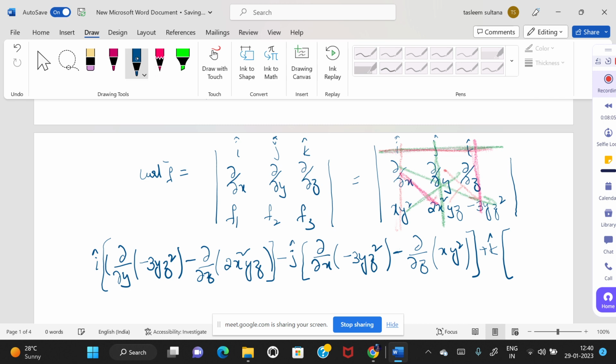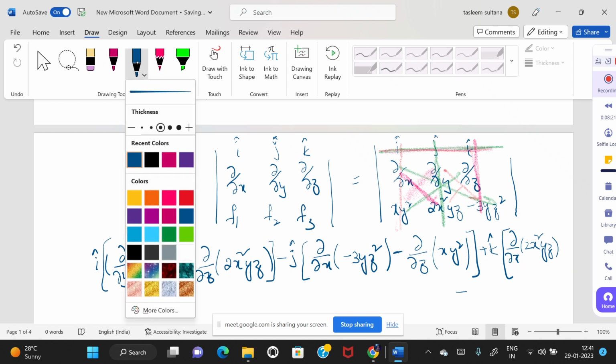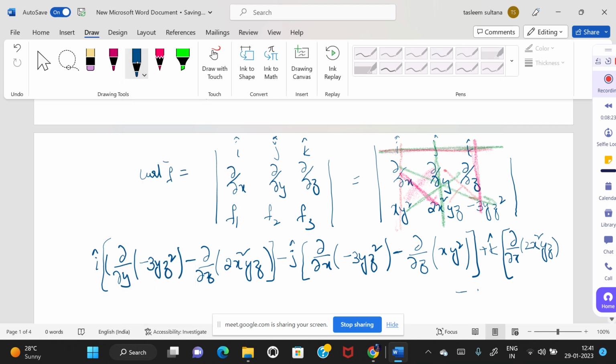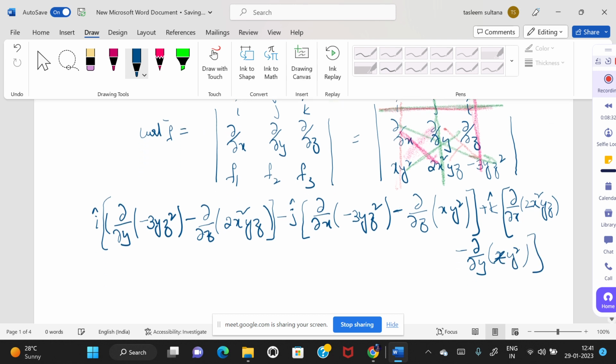So in that case, what you're going to get? ∂/∂x of (2x²y z) minus of this with this, it's equal to ∂/∂y of (x y²).